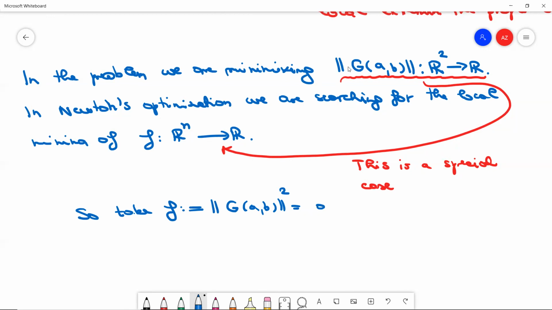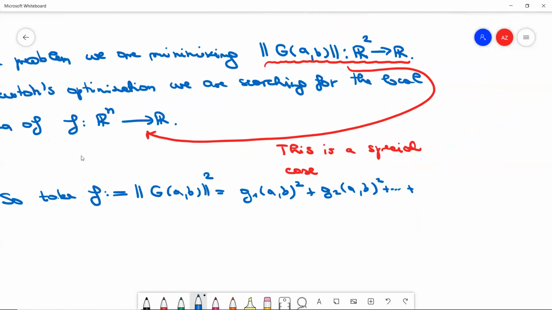So this is just G1(a,b) squared plus G2(a,b) squared and so on, plus Gm(a,b) squared. And then we use Newton's method.